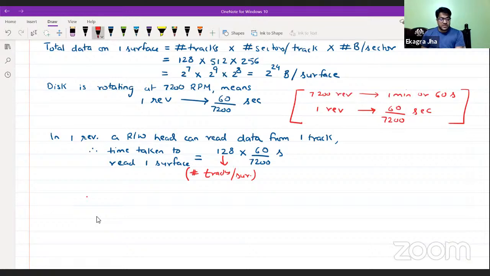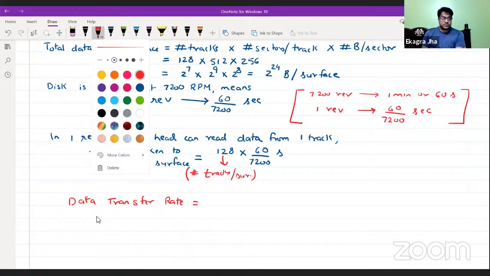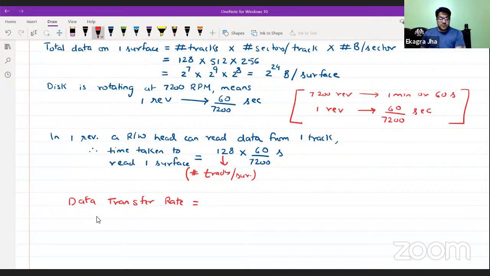So once we have this, we can put these values in the above equation, the first equation. So the first equation will look like this. The data transfer rate is equal to the number of surfaces.